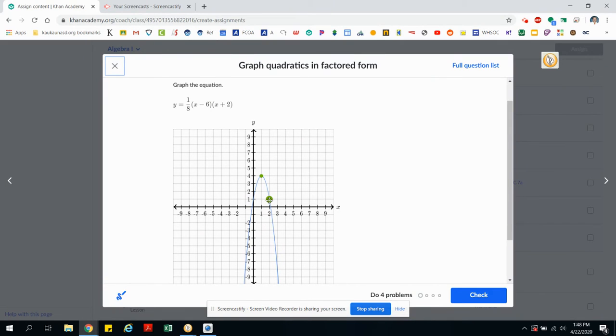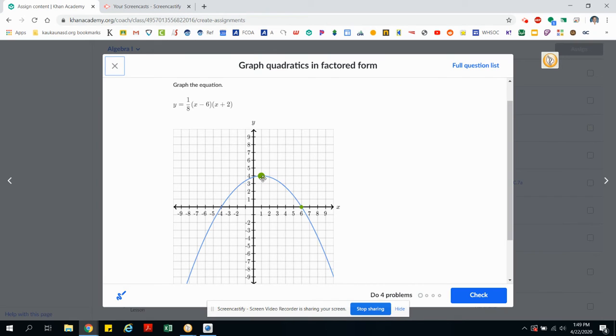This dot right here is going to represent one of my x-intercepts. So I need to put this on either 6 or on negative 2. I'm going to put mine on 6. All right. And we need this part of the graph to be on negative 2. This is my vertex.